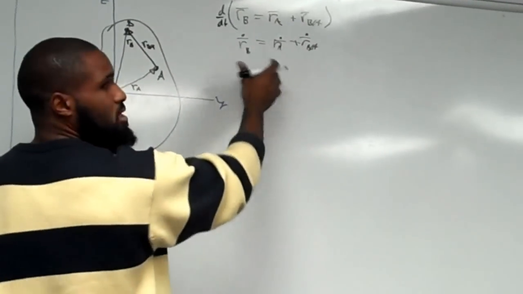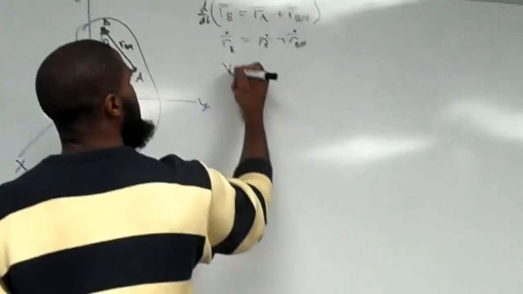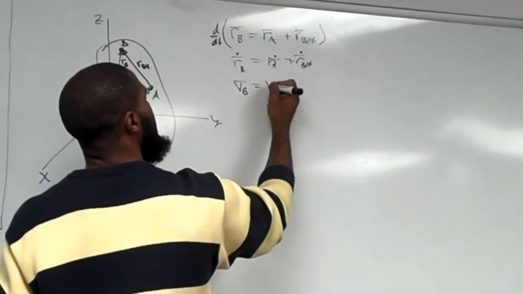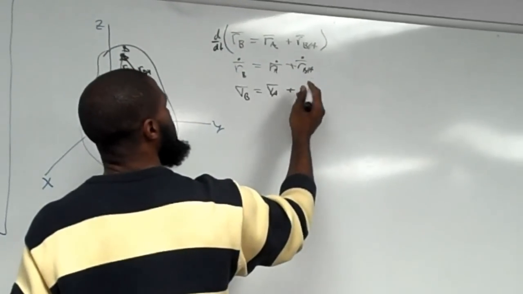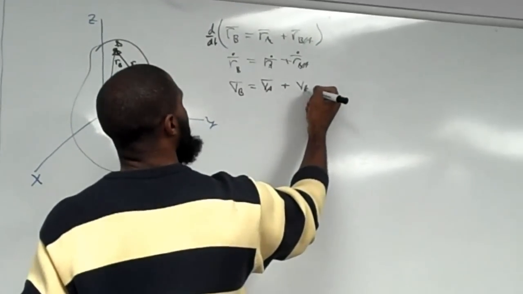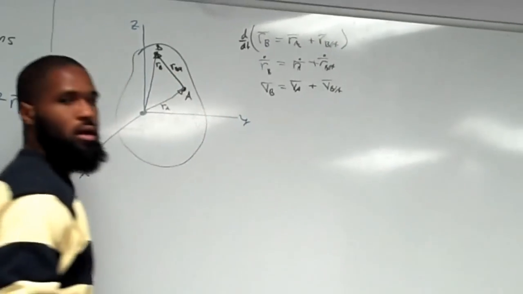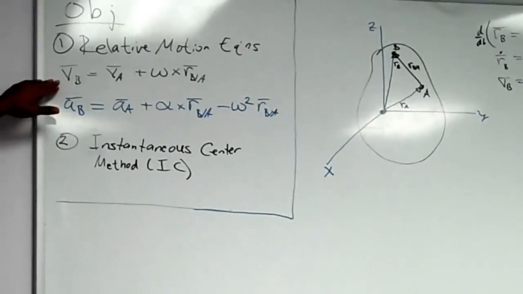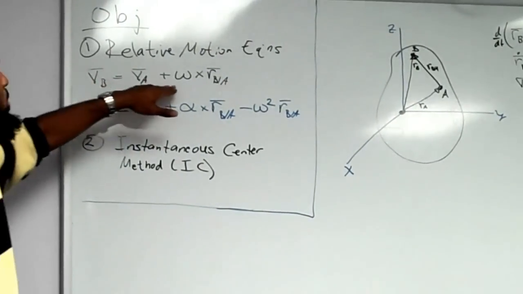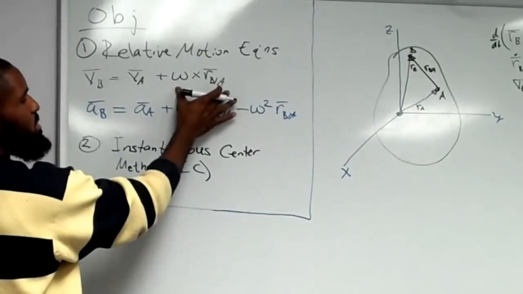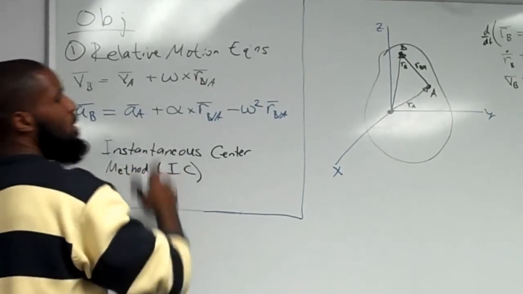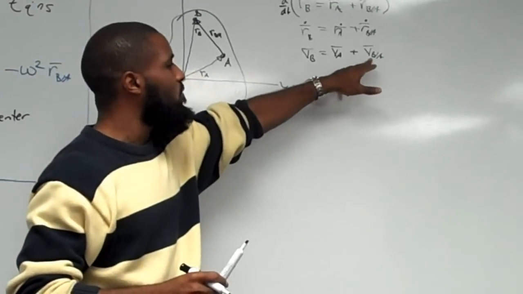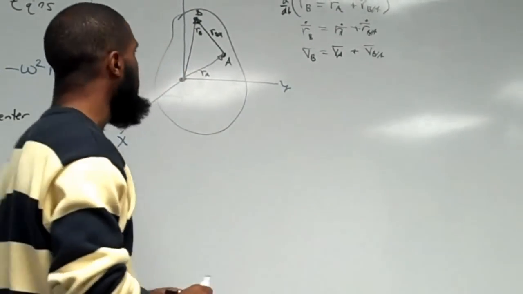These dots indicate a time derivative, so I can replace this with the velocity at B equals the velocity at A plus the velocity of B with respect to A. Okay? This is awfully familiar to this equation here. Velocity of B equals the velocity of A plus, but the difference is in this expression here, this omega cross r, where here I wrote it as the velocity of B with respect to A. Okay?